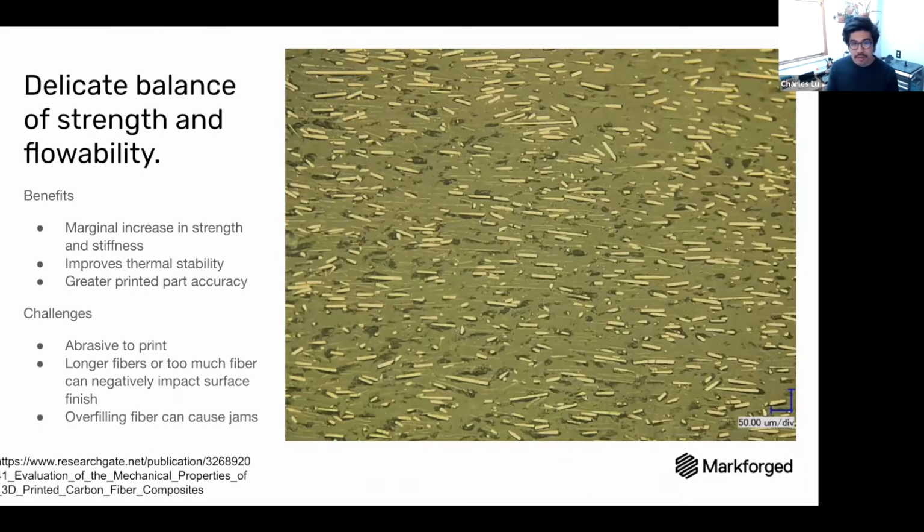Some of you might say this is a lot more than marginal. I say marginal as in you might be able to double the strength, but chances are after the material's conditioned and you've used it for a while, it will be closer to an injection molded part in terms of strength and stiffness characteristics.